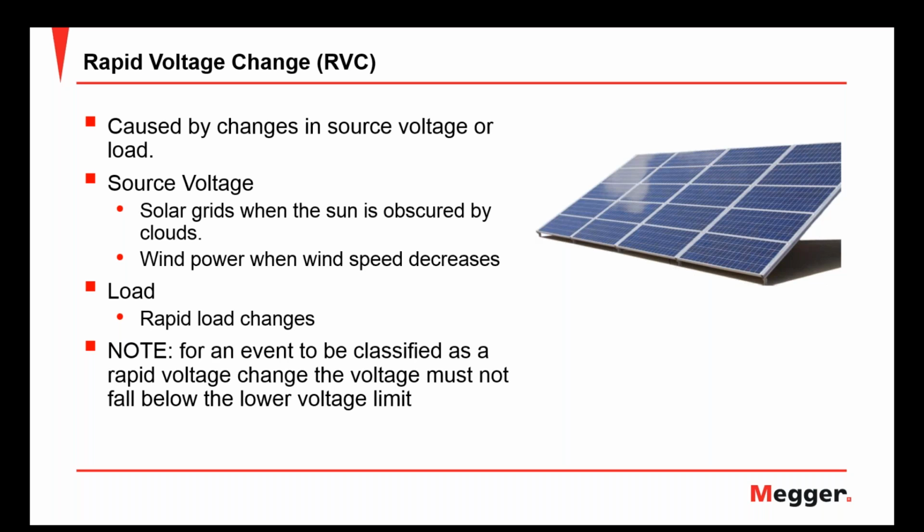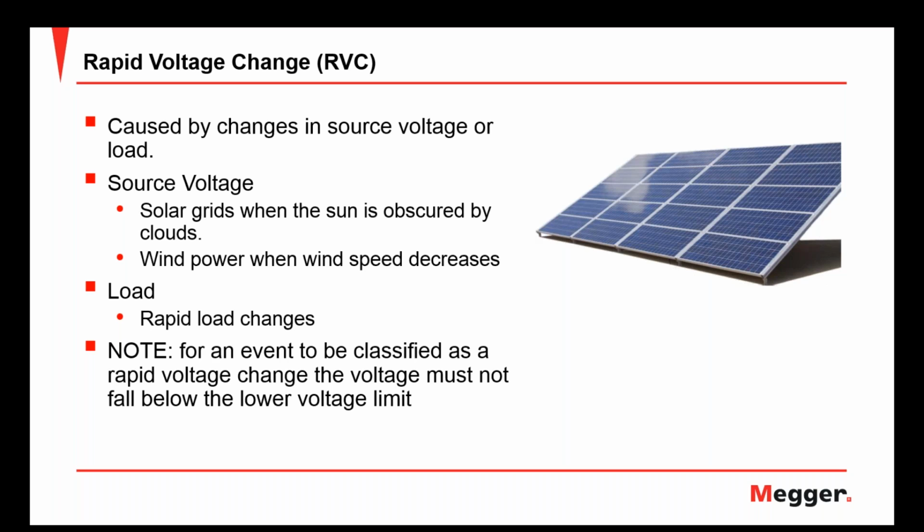Typically, it won't have impacts on other types of equipment because the changes just are not that severe. Now, what can cause rapid voltage change? One of the things that can cause rapid voltage change is solar panels or any type of renewable energy that is based on changing parameters. When you look at a solar panel, its output is going to be based upon the amount of light that it's getting, the amount of solar radiation.